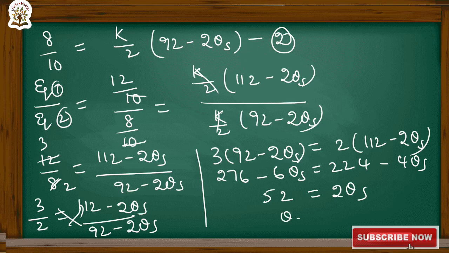So theta s is equal to 52 by 2. It becomes 2 6s are 12, so 26 degree centigrade. The final answer is the temperature of surroundings theta s is equal to 26 degree centigrade.